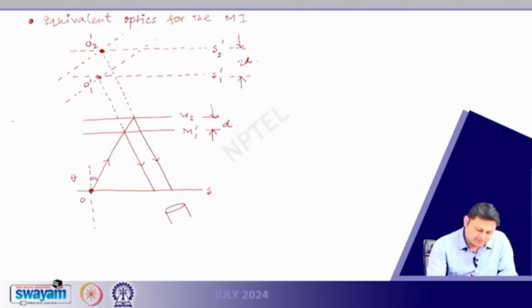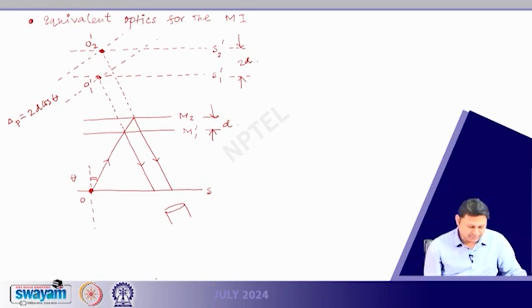So, this path difference delta p will be simply, if this length is 2d, it is very easy to show it is 2d cos theta. So, the path difference is simply 2d cos theta, where the separation between these two mirrors M1 and M2 is d, and this is essentially the equivalent structure.